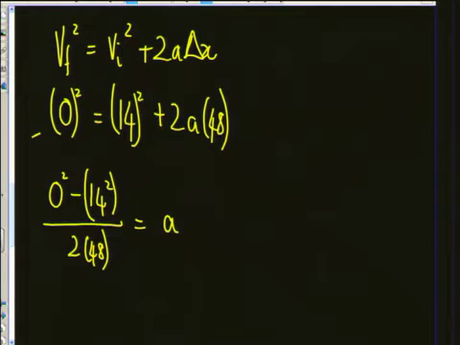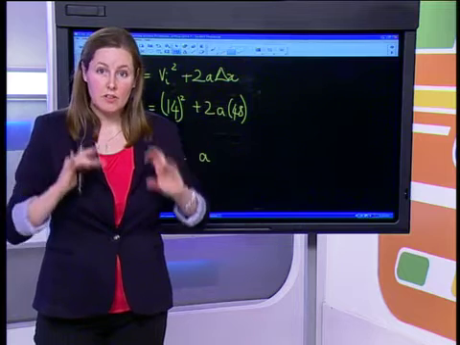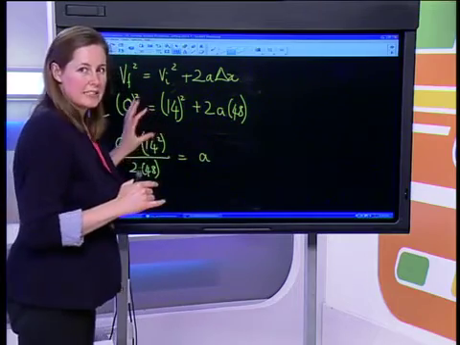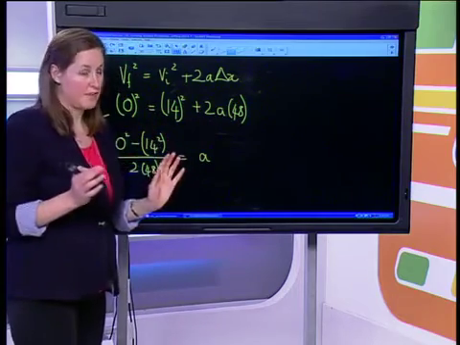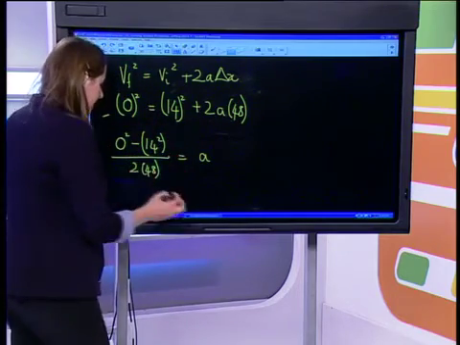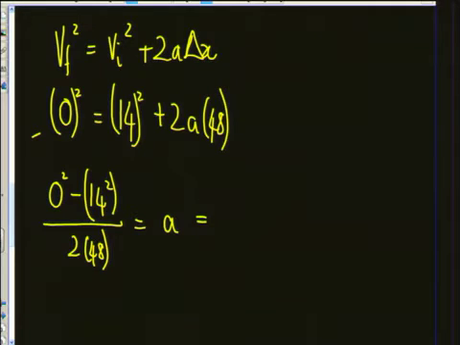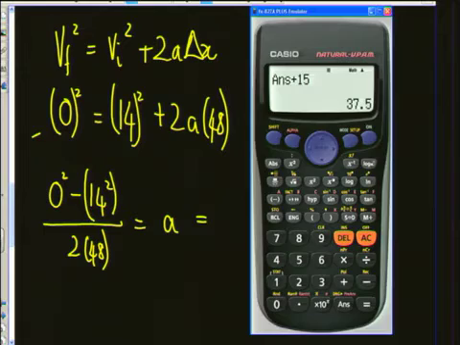Many of you might feel more comfortable solving first, and that's perfectly acceptable. So doing the squares first is perfectly fine. Let's grab our calculator: 0 squared is 0, 14 squared is 196.